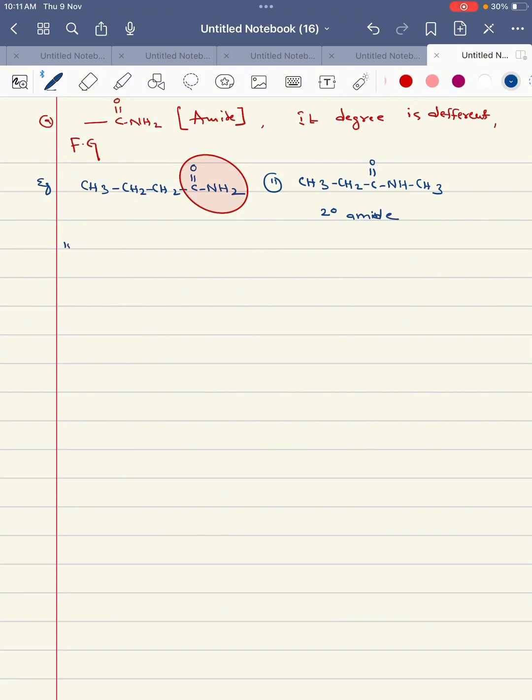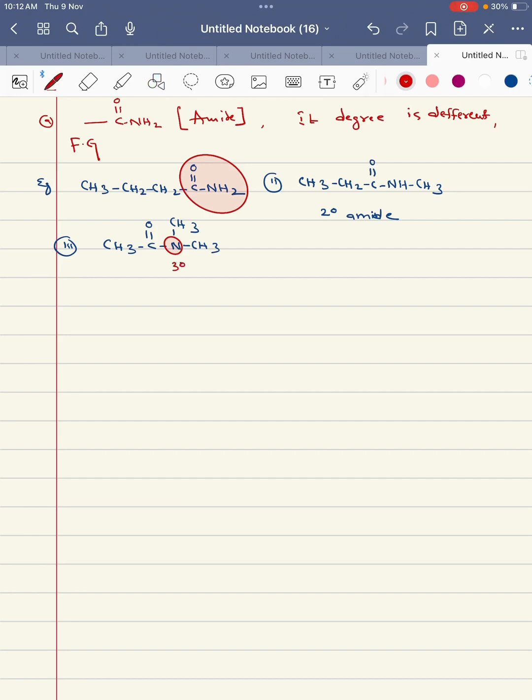What is the third one we can write? CH3, C=O, N(CH3)CH3. Now around the nitrogen, how many alkyl groups are there? The nitrogen is attached to 3 carbons.